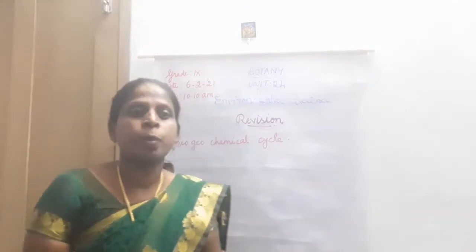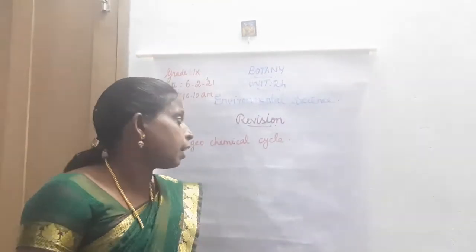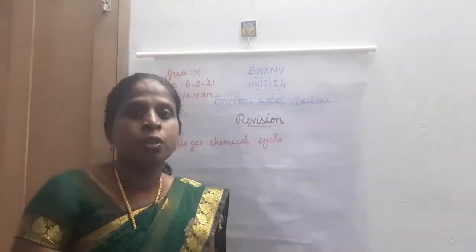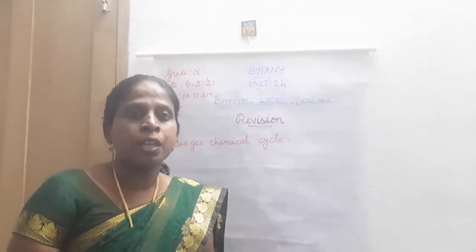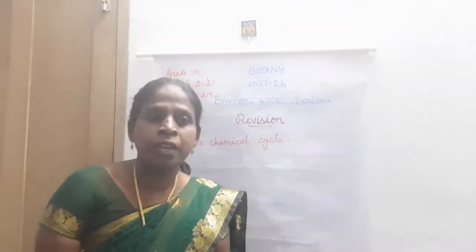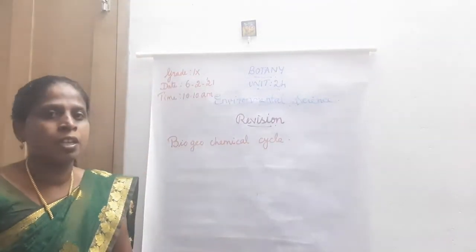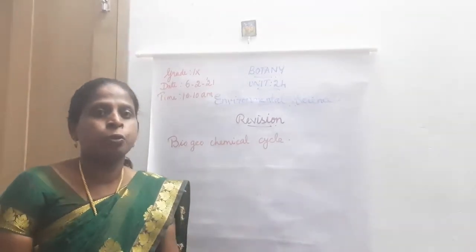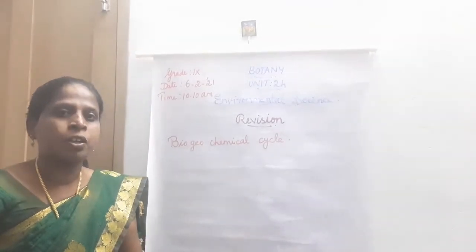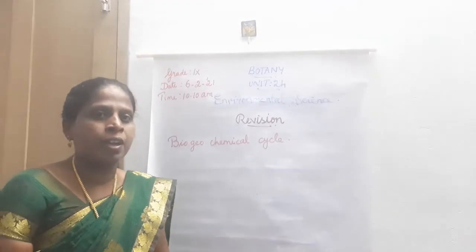First we have learned about the biogeochemical cycle. See what is the biogeochemical cycle. In the biosphere both living and non-living things are present. This can be classified into two factors: biotic factors and abiotic factors.